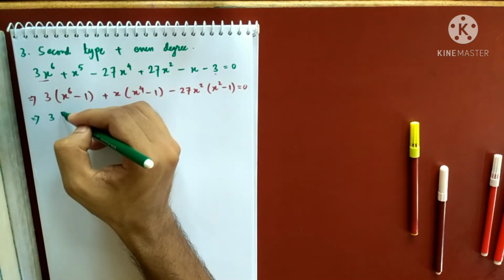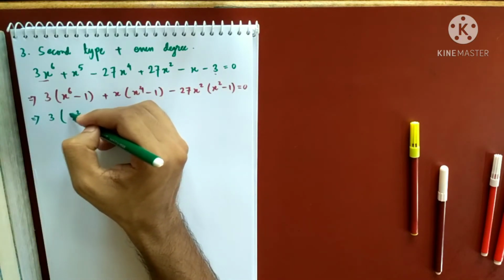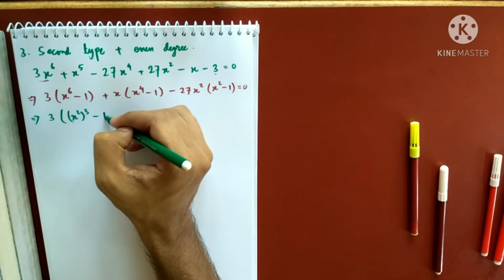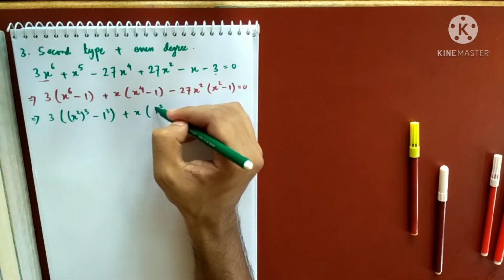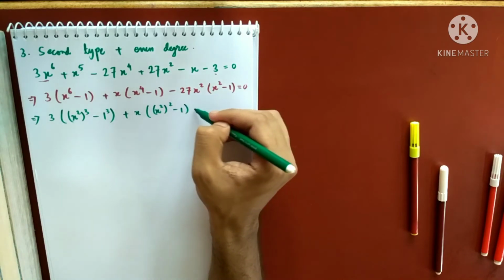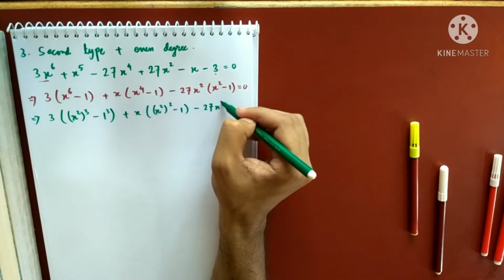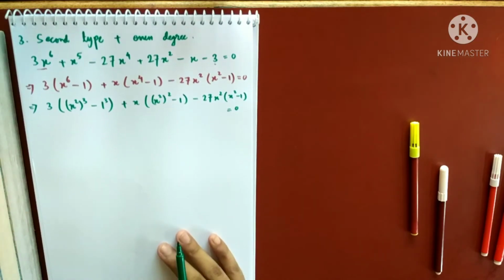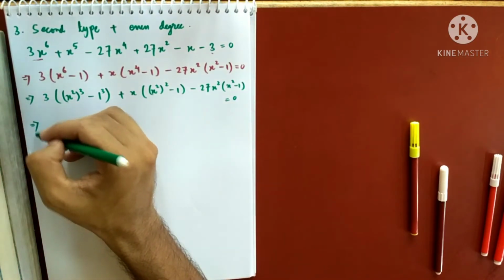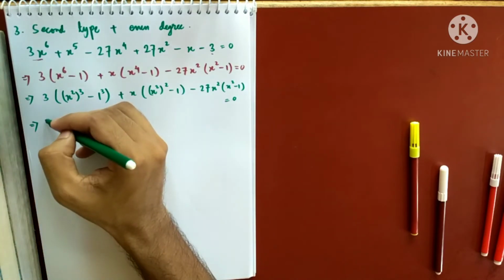How can this be factorized? This can be written as x square whole cube minus 1 cube. How can this be factorized? This can be written as x square whole square minus 1, and this is already in the form x square minus 1. Now apply the formula for a cube minus b cube. What is the formula?